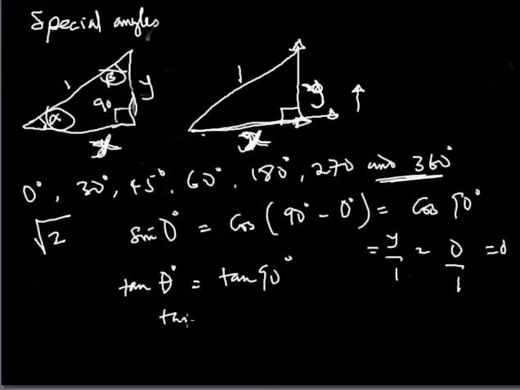And tan 90 cannot be defined because that is going to be giving us y over 0, which is the same thing as y over x.